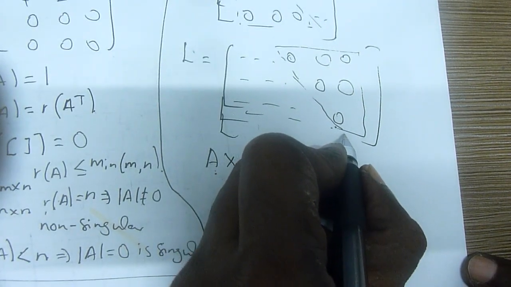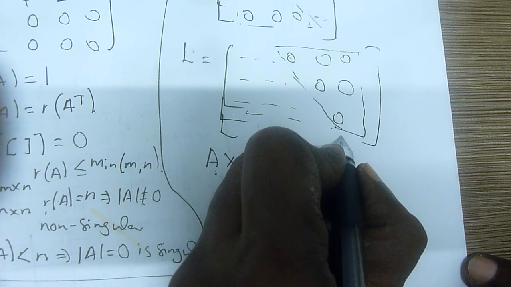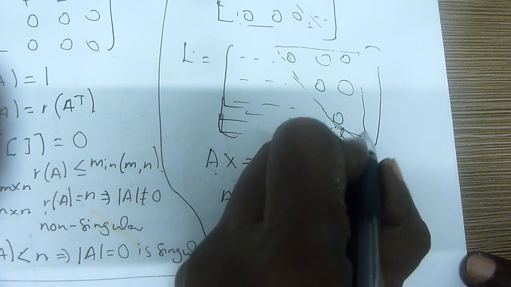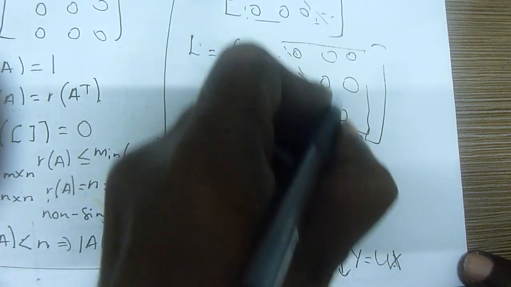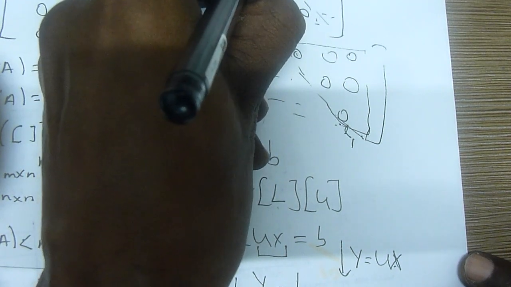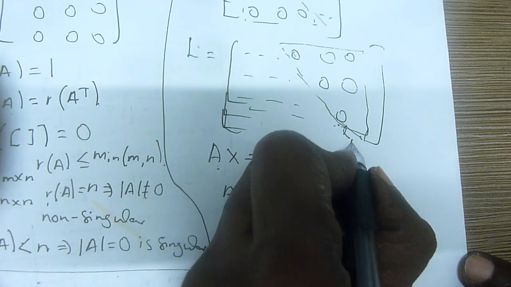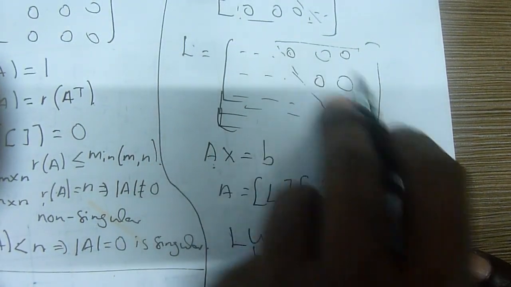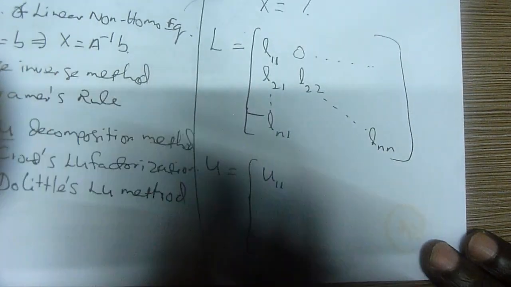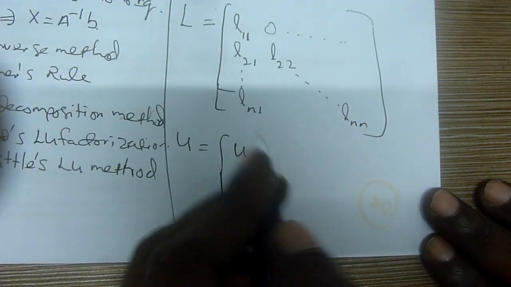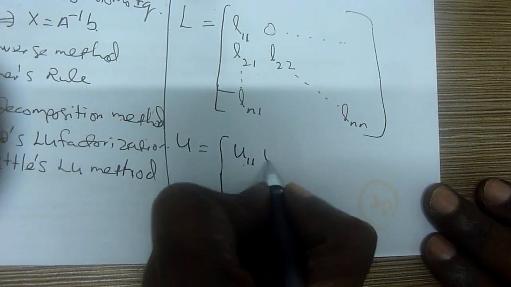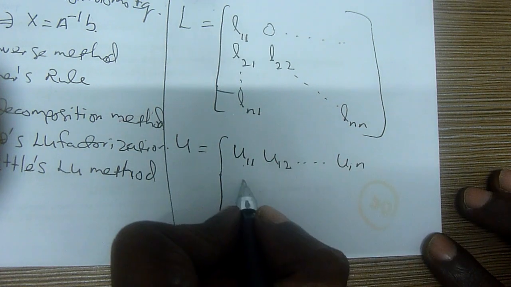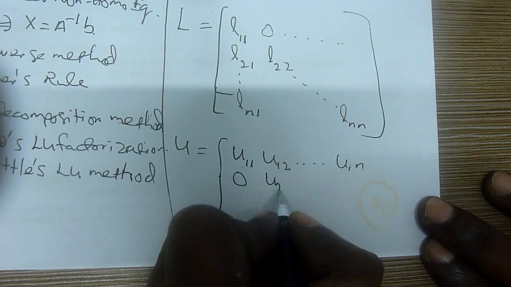Over here there should also be a lower one, that means L. Please fill up here, it never touches the L first. Then it proceeds here L11, then something here, then LNN. Sorry, now here U11, U12. You take up to U1N, and 0, U22.